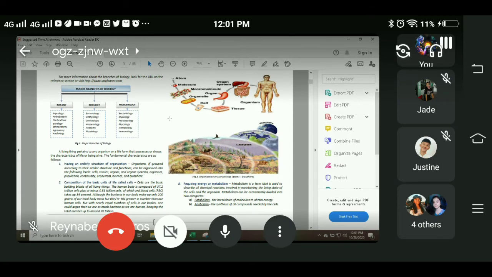Okay? Next, number 2. An organism is also composed of the basic unit of life, which is what we call the cell. Diba? Ang isang living organism, meron siyang cell na tinatawag. It is because the cell is the basic structure or what we call the basic building blocks of the body of an organism.